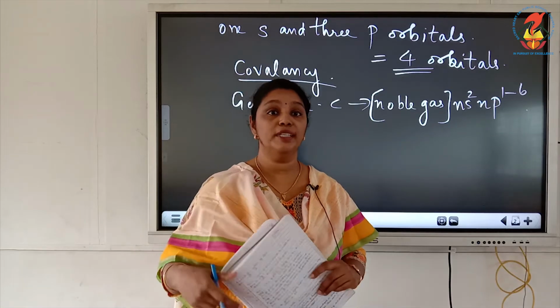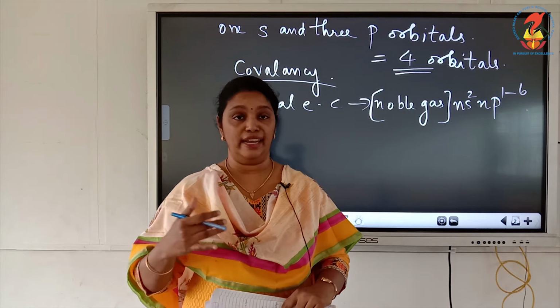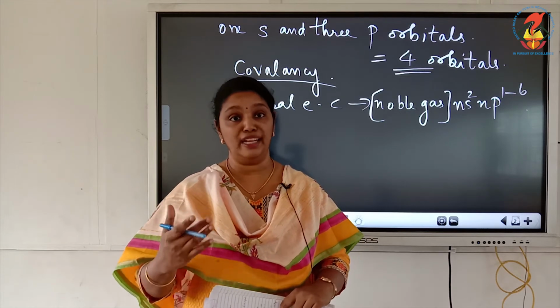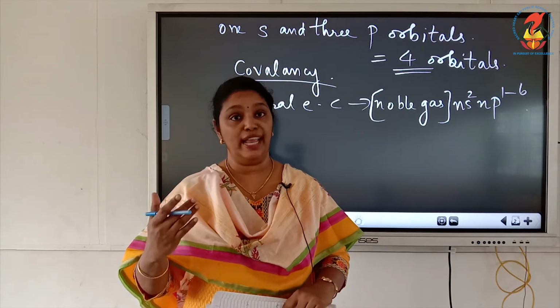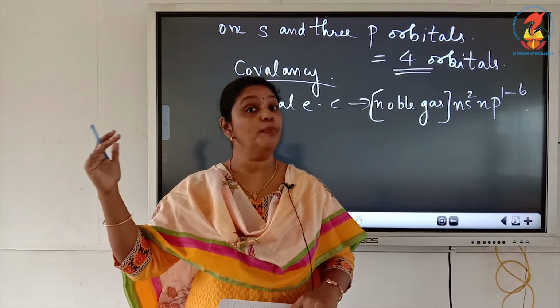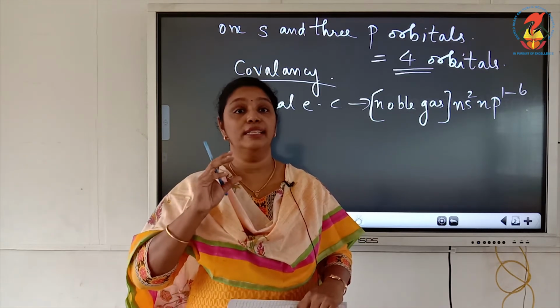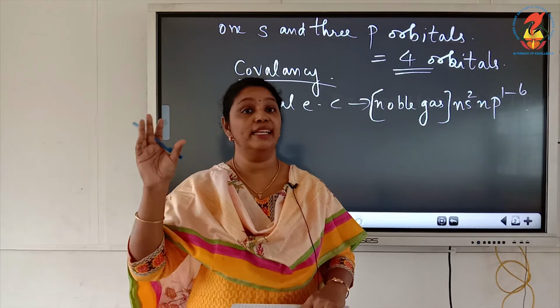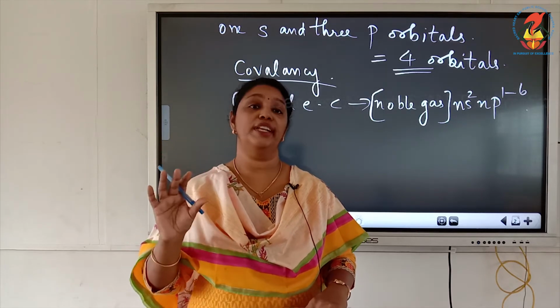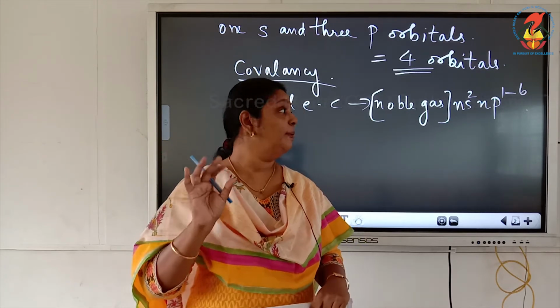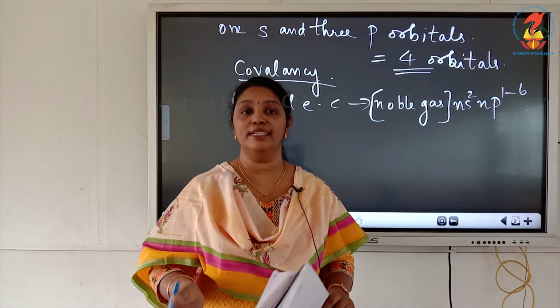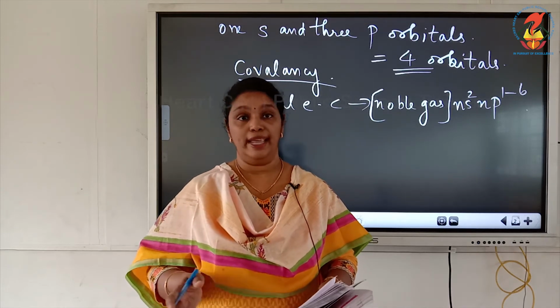Now for group 13 elements, the general configuration is ns2 np1, group 14 ns2 np2, group 15 ns2 np3, and with group 18 we have the np orbital getting completely filled, that is the configuration will be ns2 np6. The p orbital gets completely filled with group 18.